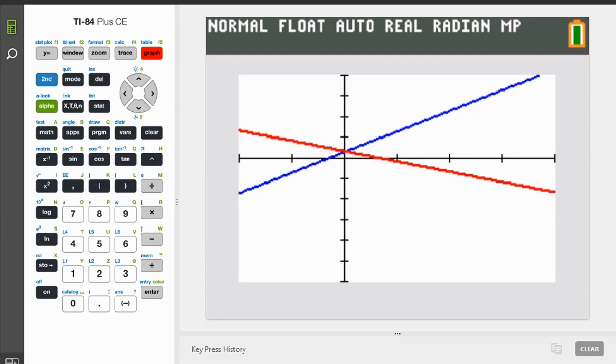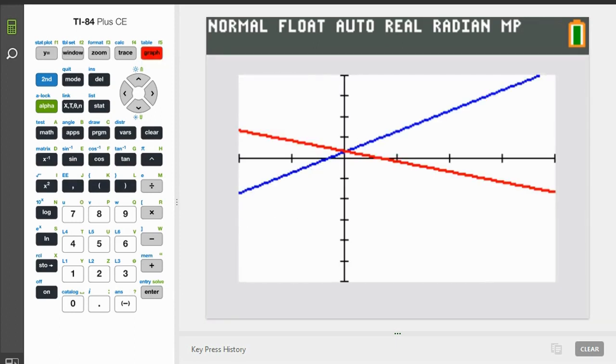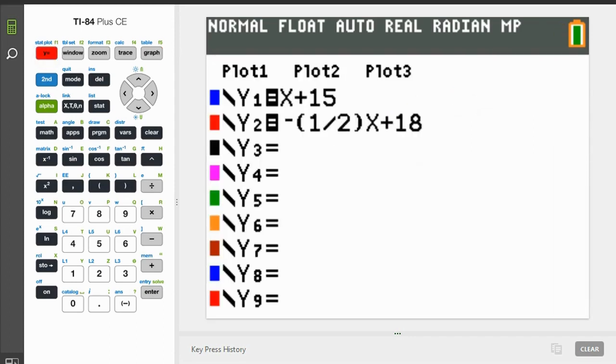How you scale it on the window makes a big difference. Now, obviously, I can see this now that I zoomed way far out. I can see where the intersection is. But maybe I want to actually get a relatively close look, kind of by where the intersection might be. So where the y intercepts are at 15 and 18.